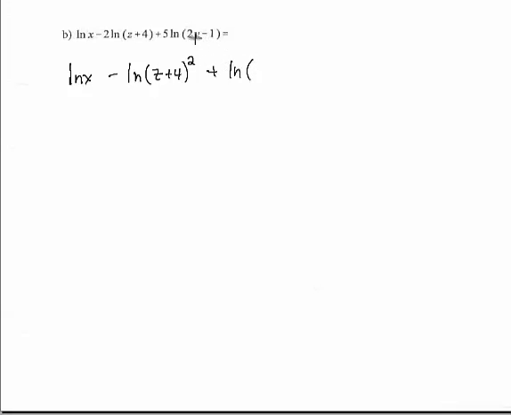So with this last expression, we'll write 2y minus 1 to the 5th power. After taking care of our exponents, now we use properties 1 and 2 to combine these into 1. Property 2 will take care of the first two. When two log expressions are subtracted, we can rewrite them in terms of division with one log.